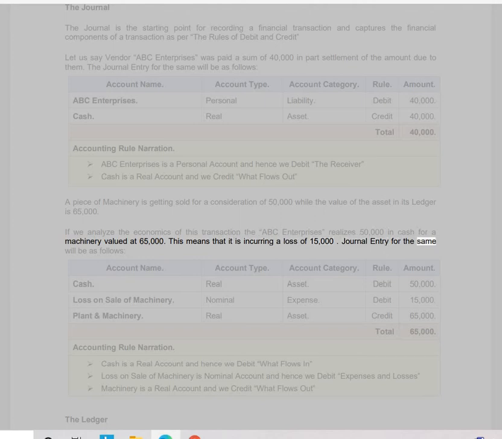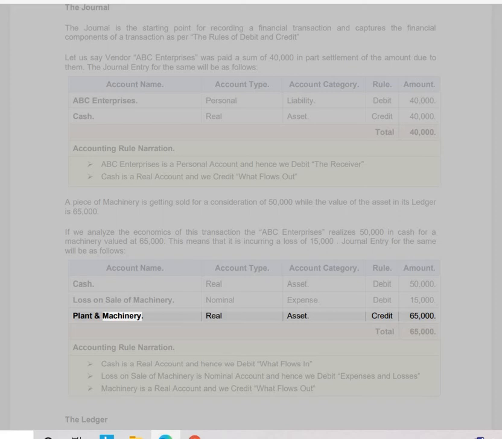Journal entry for the same will be as follows: account name, account type, account category, rule, amount. Cash, real asset, debit $50,000. Loss on sale of machinery, nominal expense, debit $15,000.